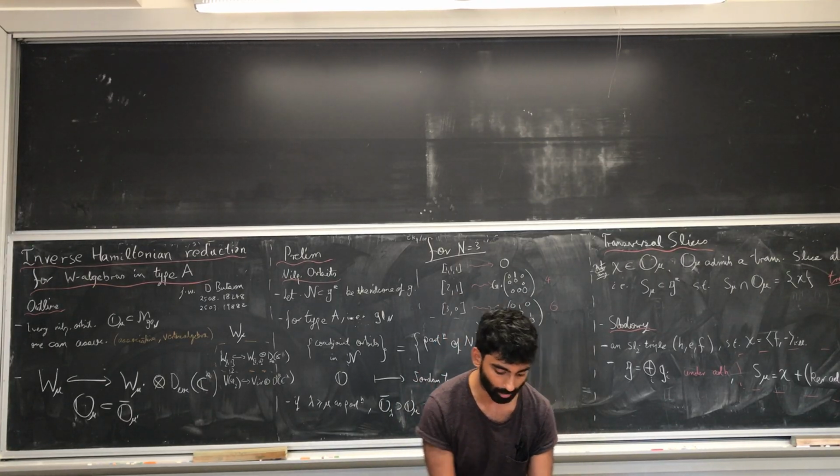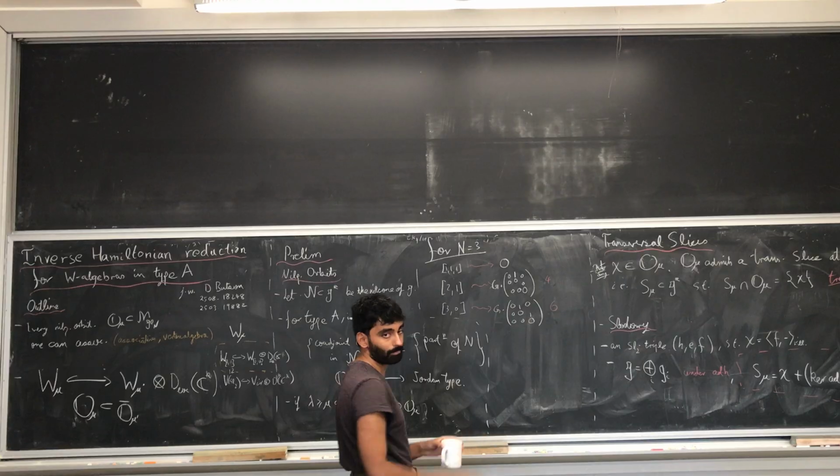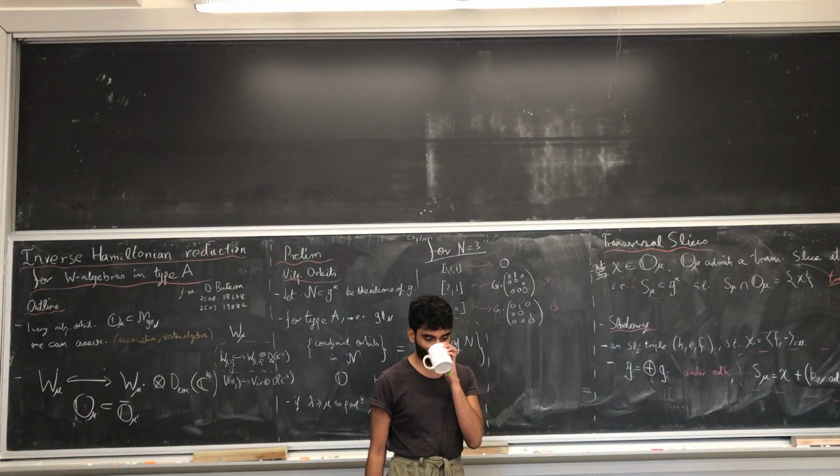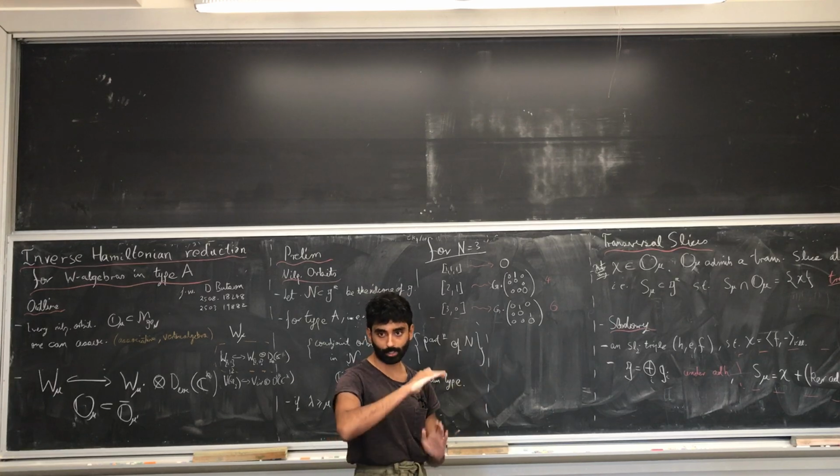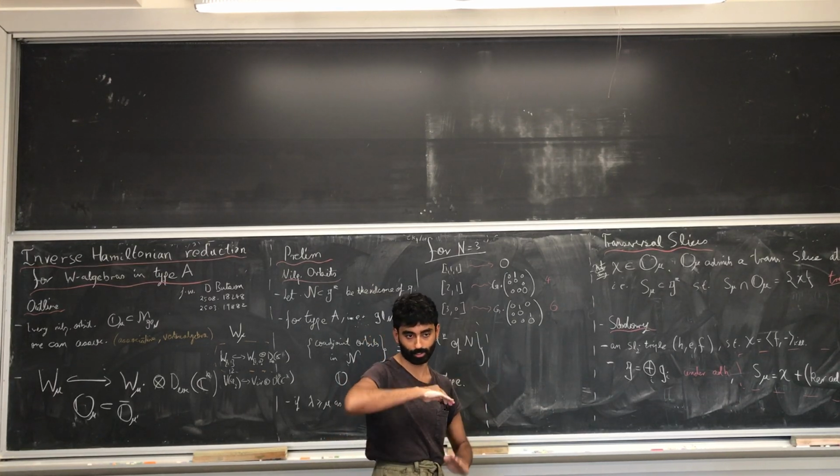You just look for the kernel of the adjoint action of E. Different choices of H and E will give you different slices, but they're all going to be valid transversal slices at that point.